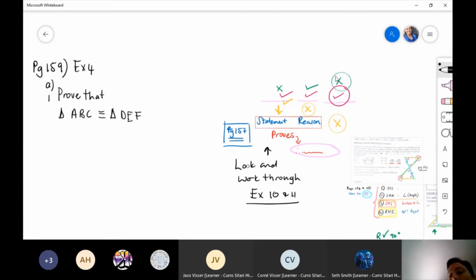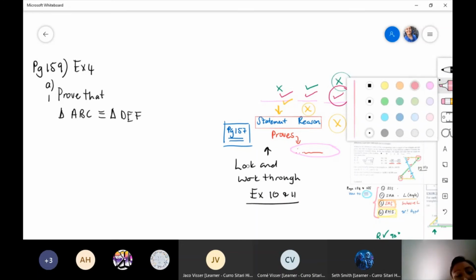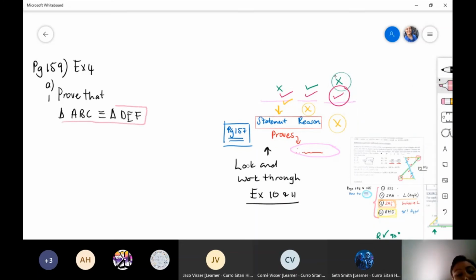What I need you to know from the very beginning is that this order is not necessarily the correct order. They are still asking to prove here. By the end of your proof, you must check your order. Because if you have now just gone and written down this statement as it was given, you are not going to get full marks, okay, if you don't check your order at the end.